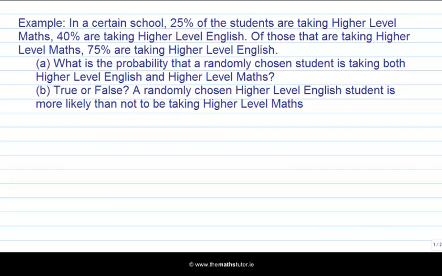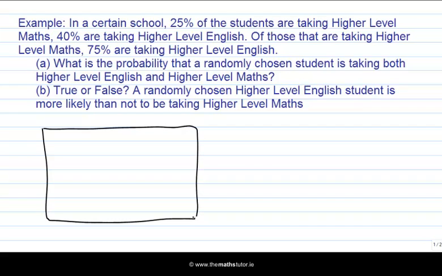Well, let's start off by trying to represent this situation with a Venn diagram. So let's say that this box represents all the students in the school, and can we somehow represent this information that we're given in the Venn diagram? So we're told that 25% of them are taking higher level maths.